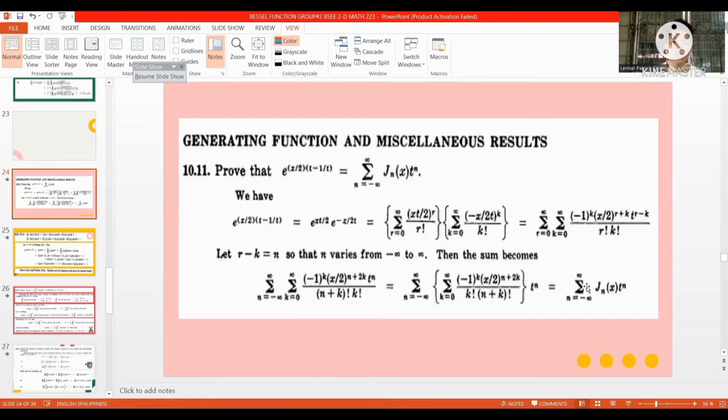And the next step is, let r minus k is equal to n. So that n varies from negative infinity to positive infinity.